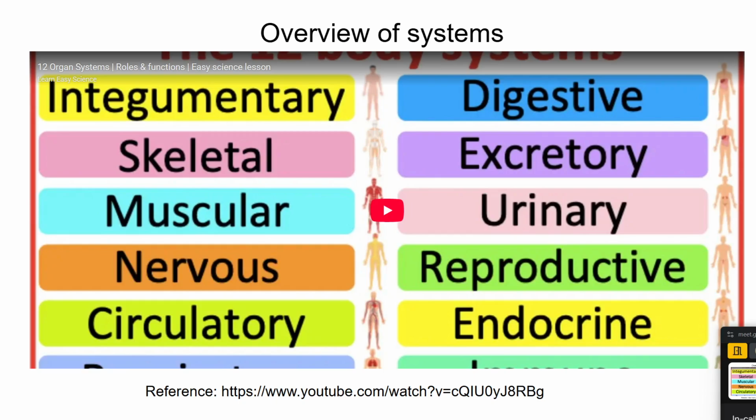system, the structure of neurons, how they are excitable cells, how they are excited, how they produce action potentials, and how action potentials are transmitted.